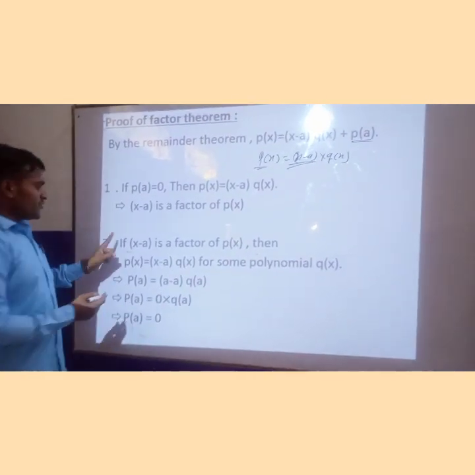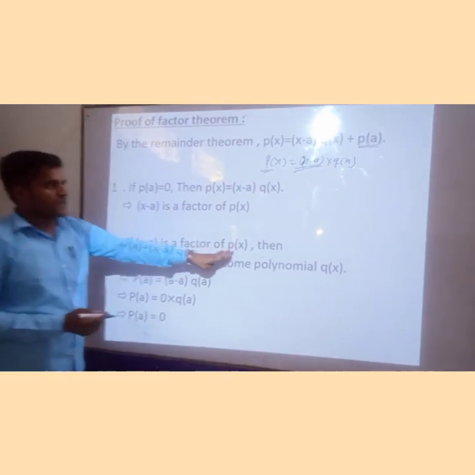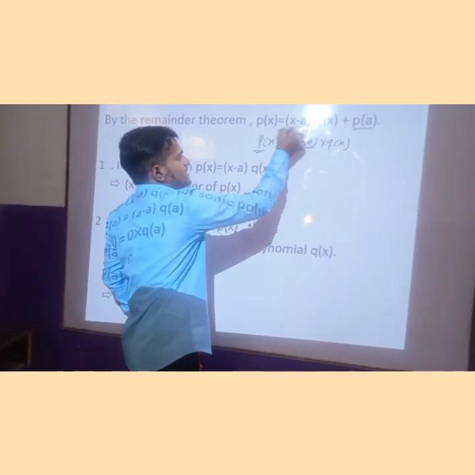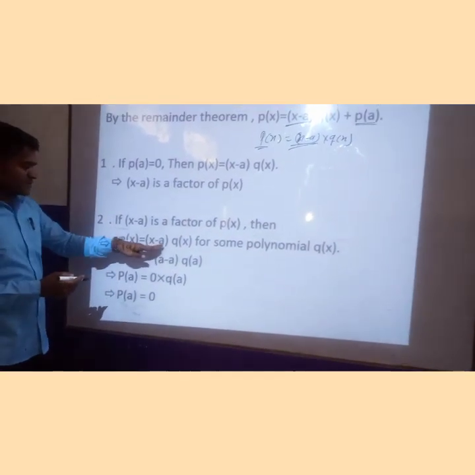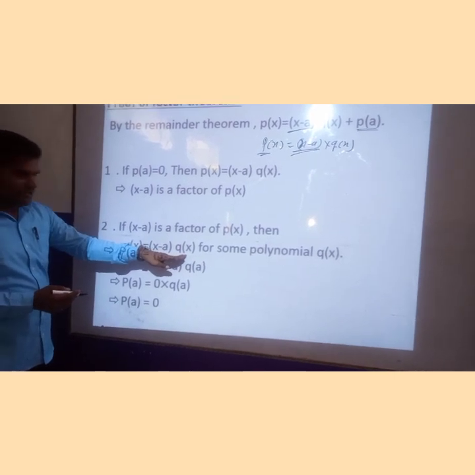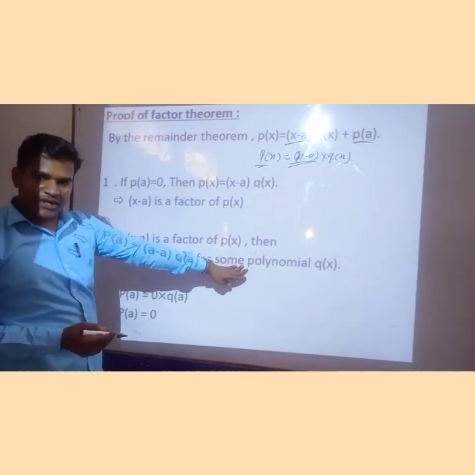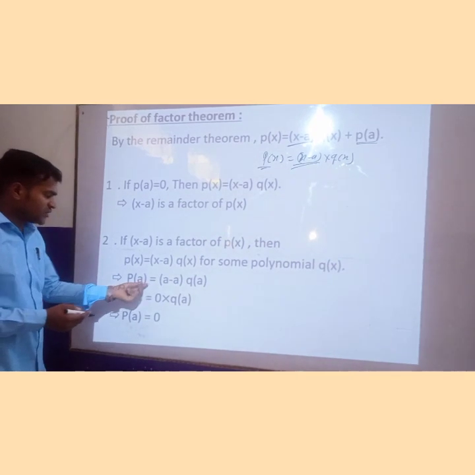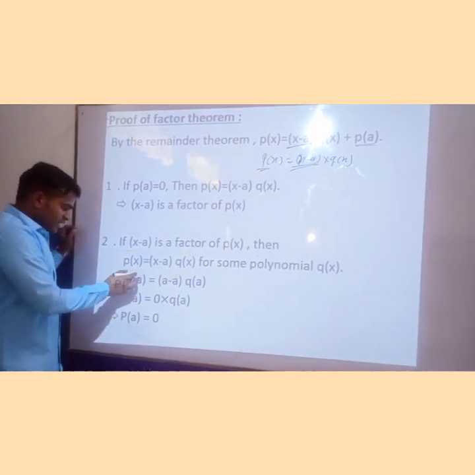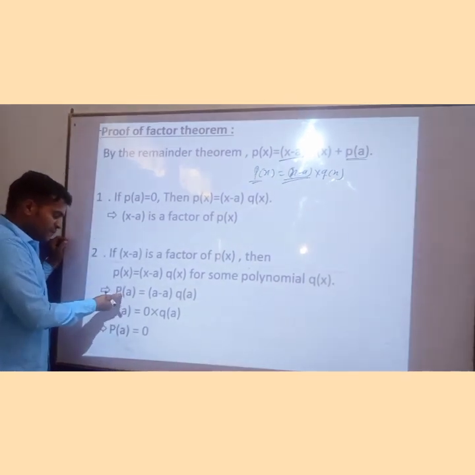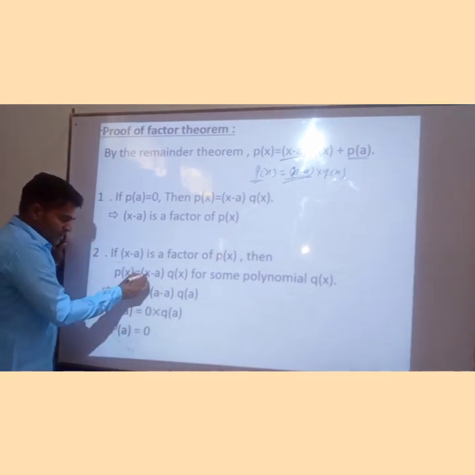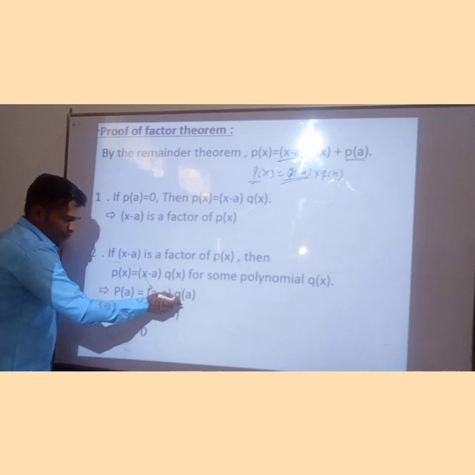Like that, if x minus a is a factor of p(x), then p(x) is equal to (x minus a) into q(x), for some polynomial q(x). So p(a): x is replaced by a, so we get p(a) is equal to (a minus a) into q(a).